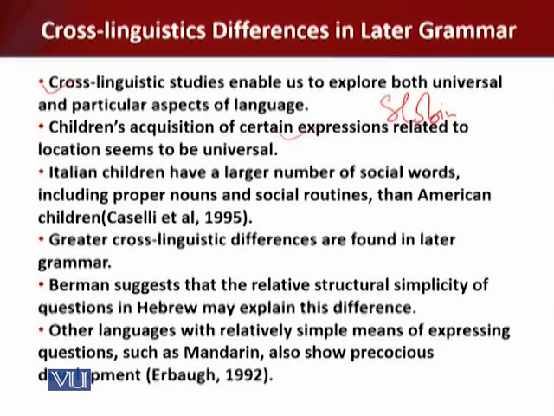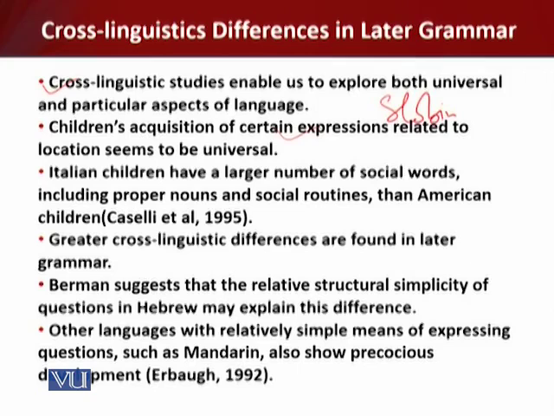Now, this is a study done by Johnston and Slobin, who examined this particular aspect of locative expressions, which is in, on, under, beside, between, front and back, among children between 2 and 5 years of age.